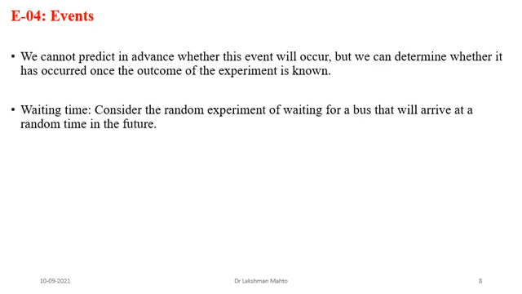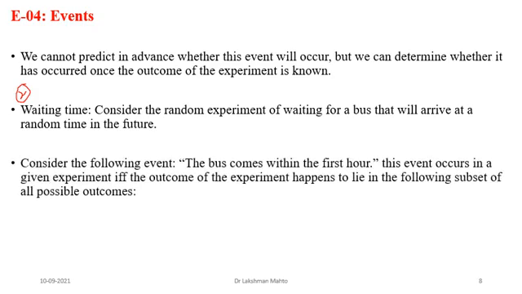So here I am taking another example, waiting time. Here we will define a few events. Consider the random experiment of waiting for a bus that will arrive at a random time in the future. So the sample space would definitely be 0 to infinity. Now what is the event? The event is that the bus comes within the first hour.